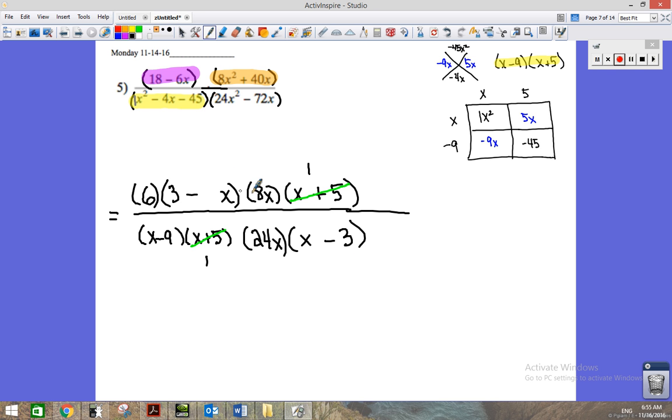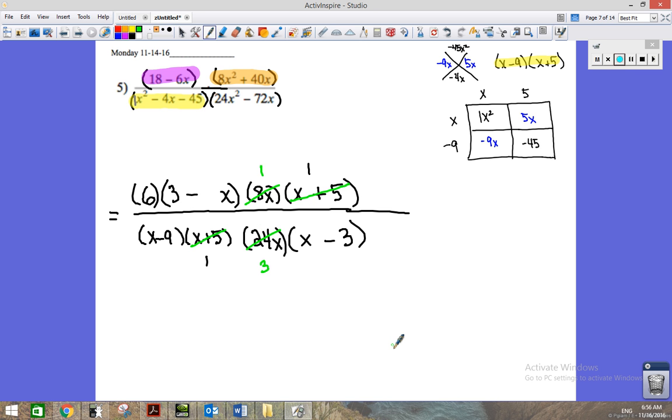Now, I have an x divided by an x. Well, we can do better than that. We know these x's cancel, and this 8x goes into itself once, and 8 goes into 24 3 times.